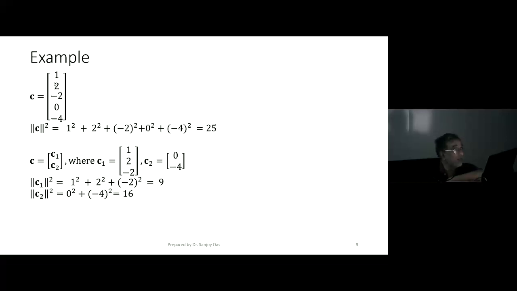C1 is the first block, 1, 2, negative 2, and C2 is the second block, 0, 4, negative 4. What's the L2 norm of C1 squared? 1 squared plus 2 squared plus negative 2 squared, which is 9. And the L2 norm of C2 squared is 0 squared plus 4 squared plus negative 4 squared, which is 16. 16 plus 9 equals 25.